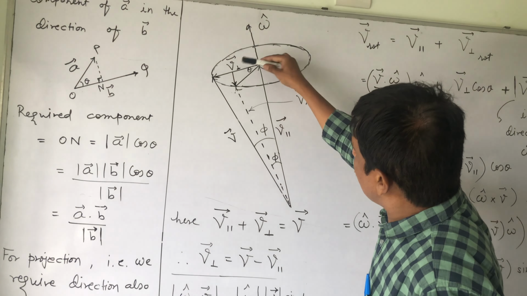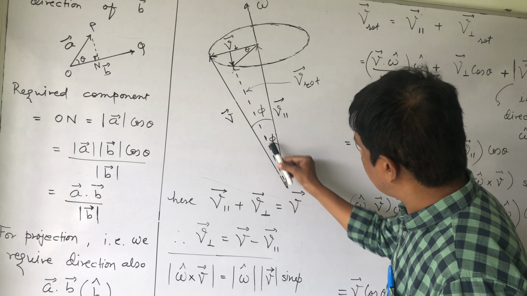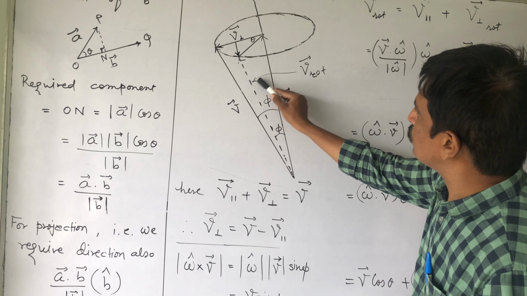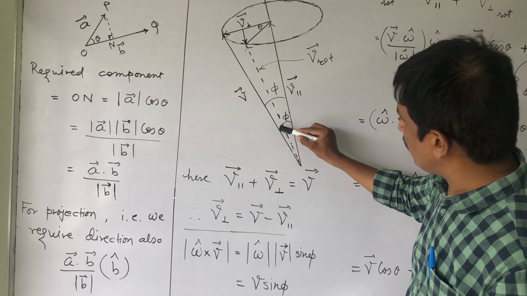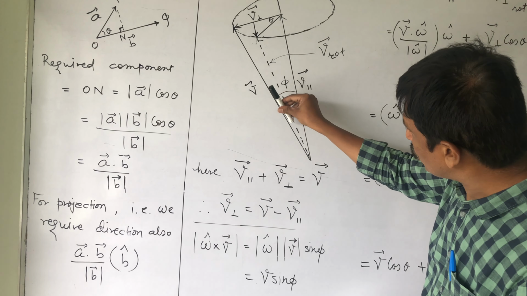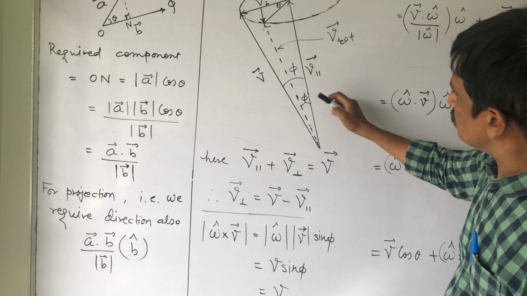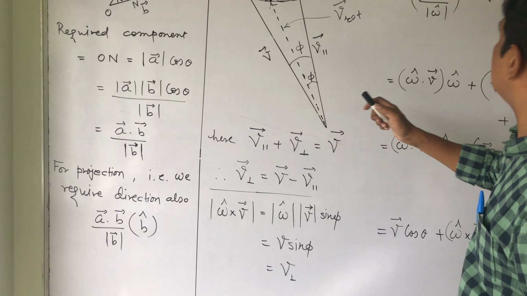This one, we have rotated. So we want to find the new vector, the dotted line, after rotation. It is called the velocity vector after rotation. But here the angle phi remains the same because we are maintaining the angle around omega cap. This is the same angle.